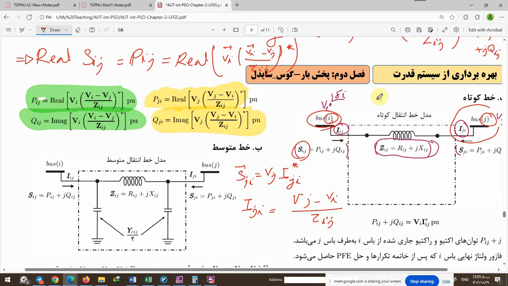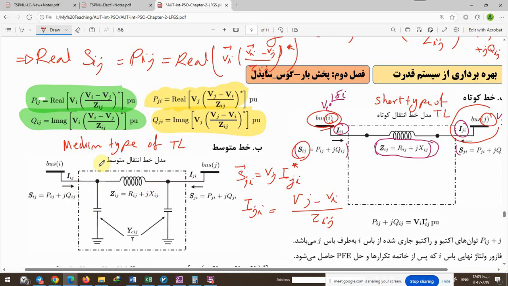This item is the short type of transmission line. This item is the model of the medium type of transmission line.